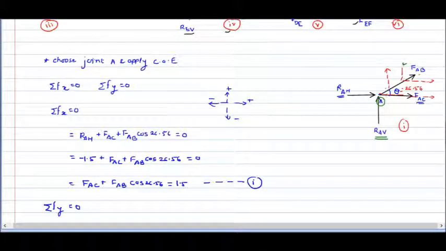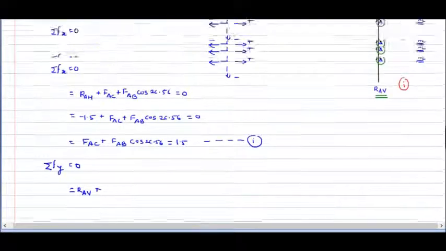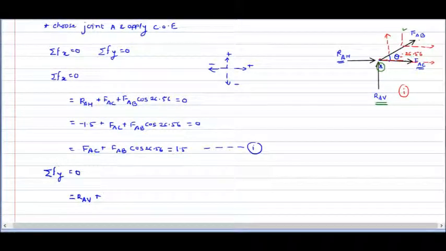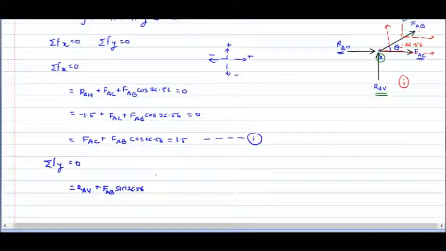So the equation becomes the vertical reaction at point A, plus the y component of AB, that is force in member AB sine of 26.56, after resolving, and that is equal to 0.